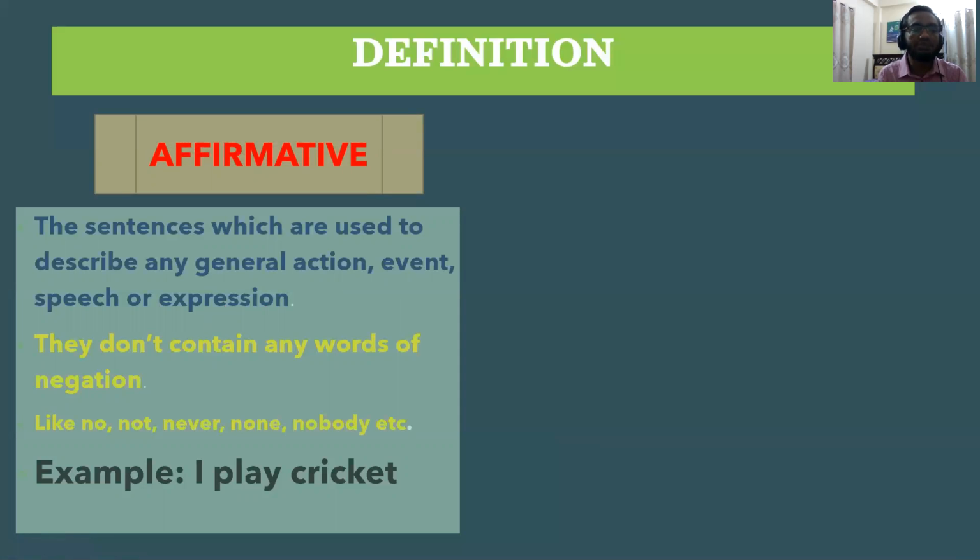That means in an affirmative sentence, we only describe any general action, event, speech, or expression. Can you understand? Then point number 2, they don't contain any words of negation. That means there is no scope to use words of negation like no, not, never, none, nobody, etc. Please note it down, write it down.